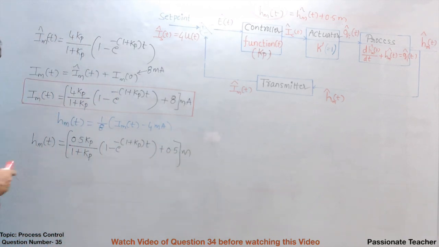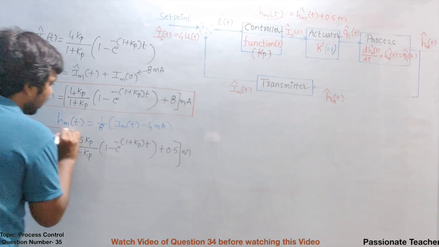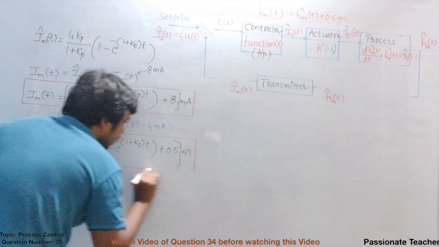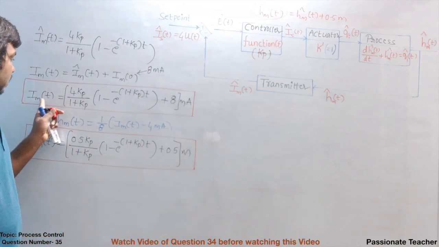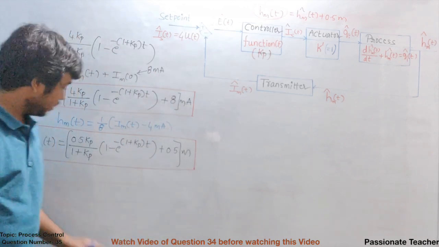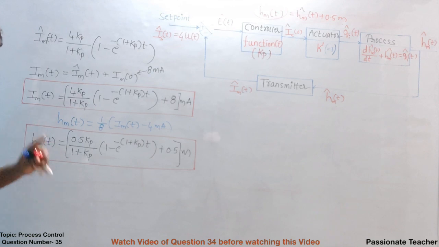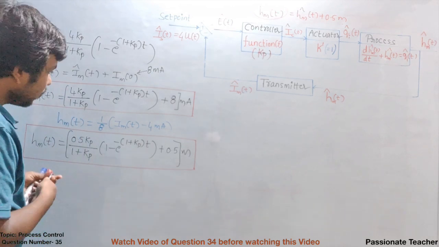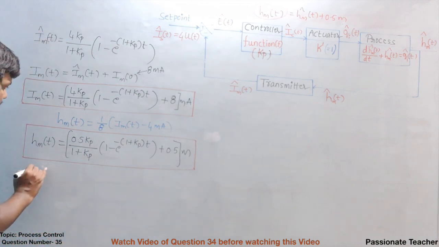Clear? So after all these things, we have found the equation for transmitter current with respect to time and water level with respect to time. Now, having observed this, we can also find from here the error in terms of current.